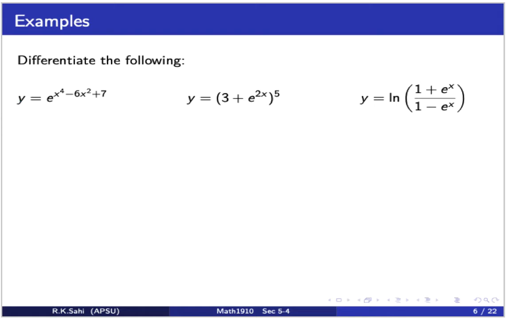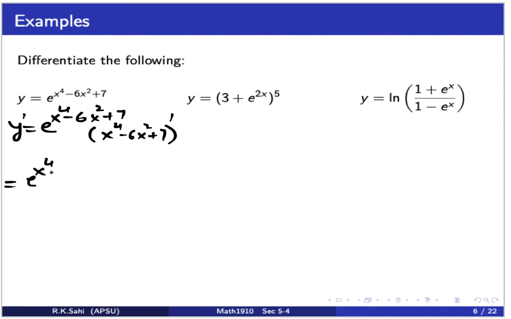When you take the differential, you will write y prime equals, you simply write the exponential as it is, and then you just go ahead and differentiate the power, which is e to the power x to the 4 minus 6x squared plus 7 times 4x cubed minus 12x. And that's your answer.